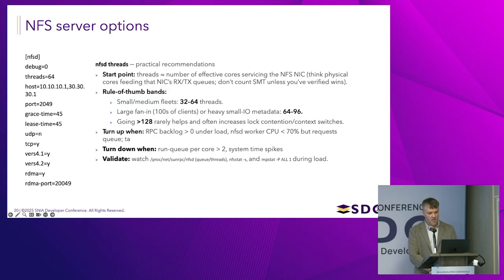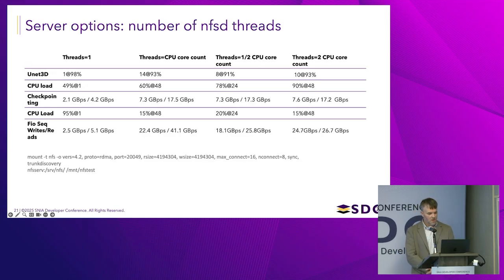Sometimes it could be less, especially when we have high-performance backend storage, which requires some CPU resources. But according to my experience, it's not efficient to set this count to more than the real count of CPU cores.